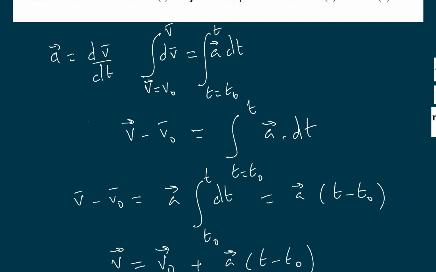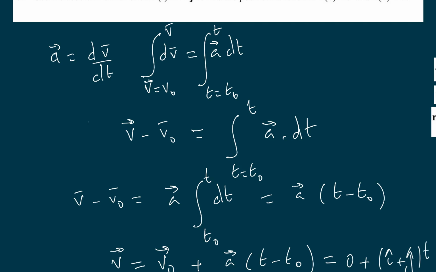Okay, so what will be the vector velocity? The vector velocity will be equal to the initial vector velocity, which is 0, plus the acceleration, the vector i plus j, multiplied by t.